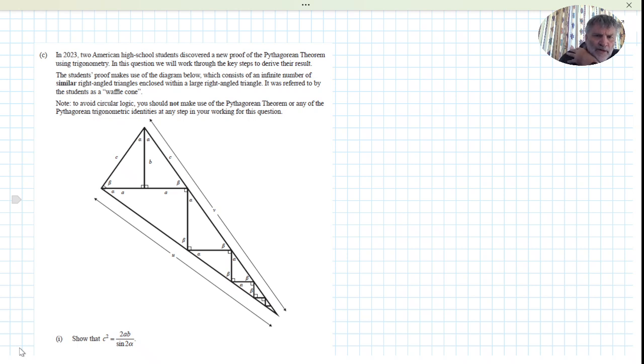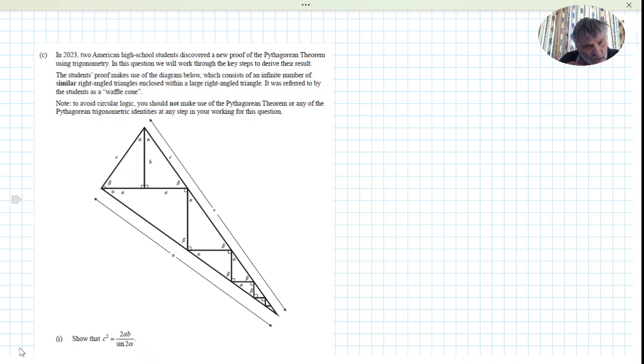I think the American Mathematical Society or something like that. So this question basically walks us through that proof, and we need to follow and see the reasoning. So the girls made this triangle, which they called a waffle cone, I think, yeah.